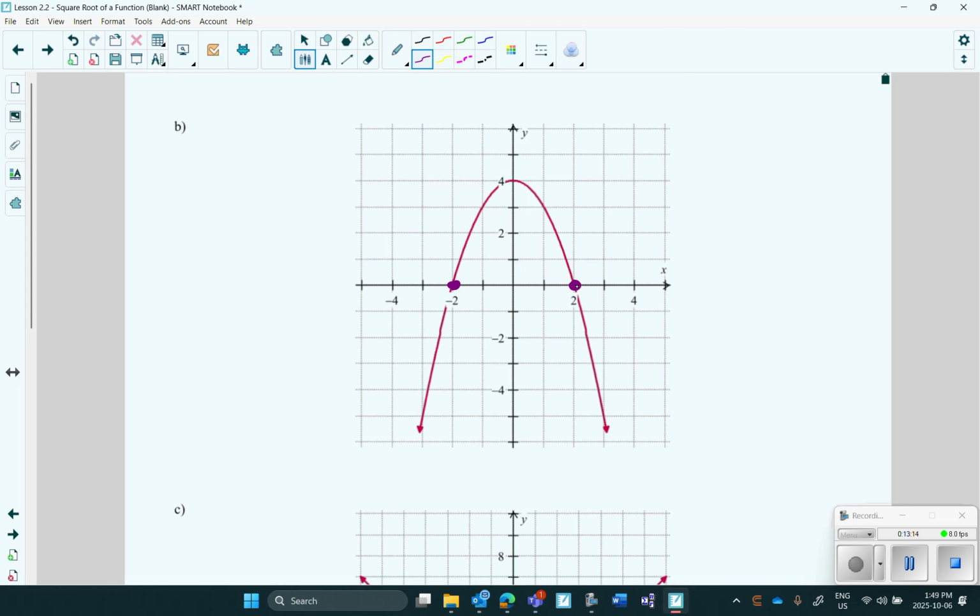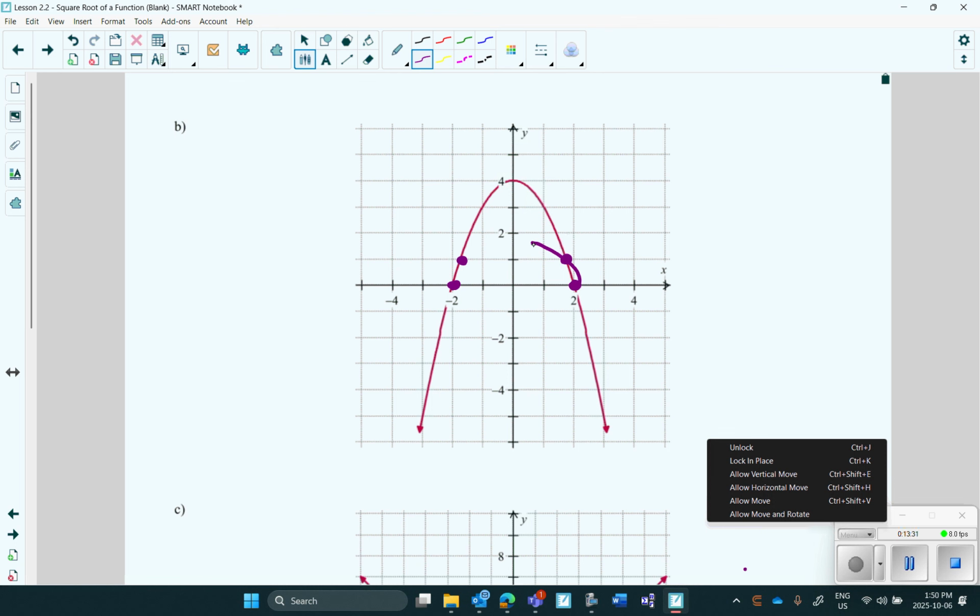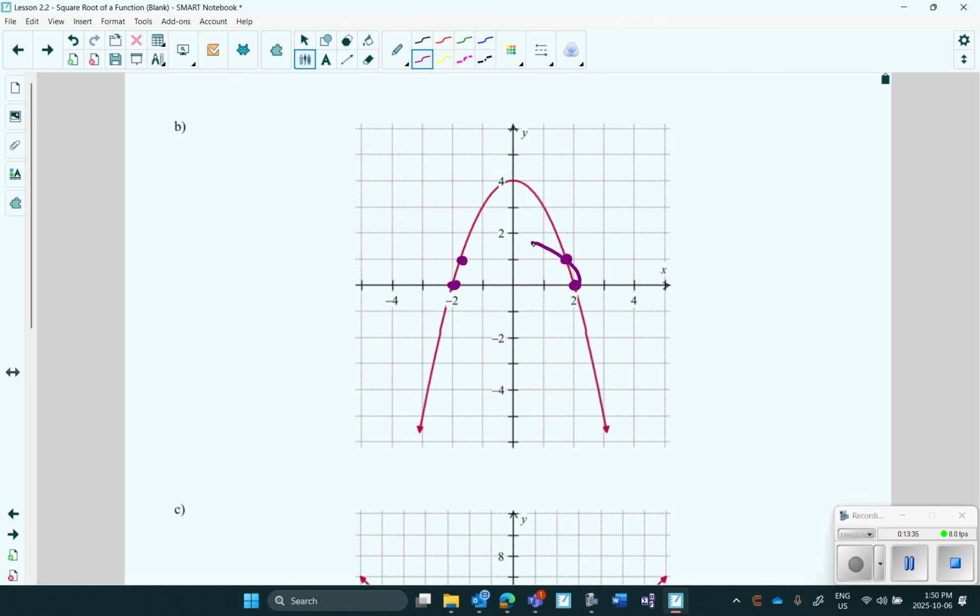Where are the points here where y is 1? Here, and here. Right? Notice this time the curves are going towards each other. Because this is where it starts. This is to the left, so it's got to move to the left. This is where it starts. This is to the right, so it's got to move to the right.